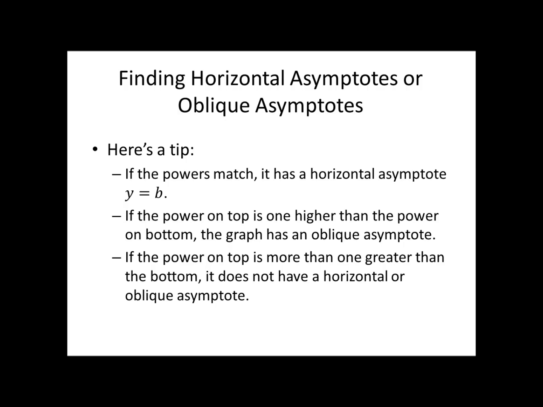That line is going to be y equals mx plus b, or something like that. If the power on top is more than 1 greater, maybe it's x to the 4th on top, x squared on bottom, then that graph is not going to have a horizontal or an oblique asymptote. Now again, I'm talking about graphs in lowest terms, so make sure you cancel anything you can before this process.